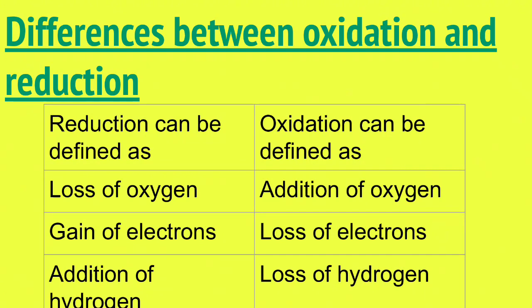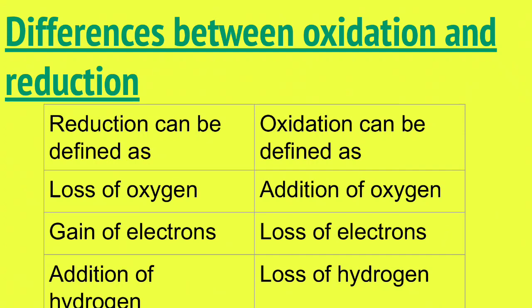Iron will reduce copper 2 oxide by taking away the oxygen from it, and the product will be iron 2 oxide plus copper. So there is loss of oxygen in that reaction, because the more reactive metal, which is iron, takes up the oxygen from copper 2 oxide. So copper 2 oxide has been reduced.